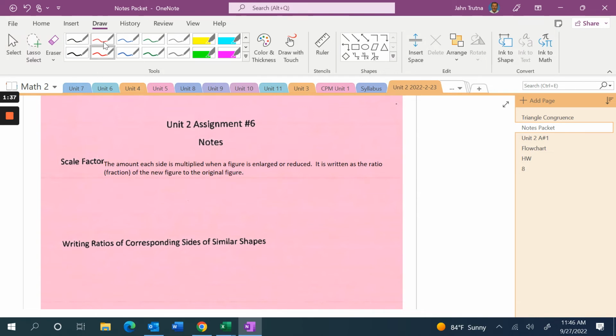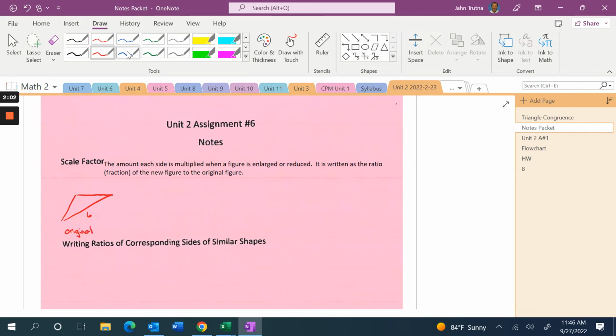So let's say I have these two shapes right here. My shapes are going to be triangles. My original triangle is going to be the red one. And the only thing we know about this triangle is that the slanted side going from left up to right is 6. So this is my original triangle.